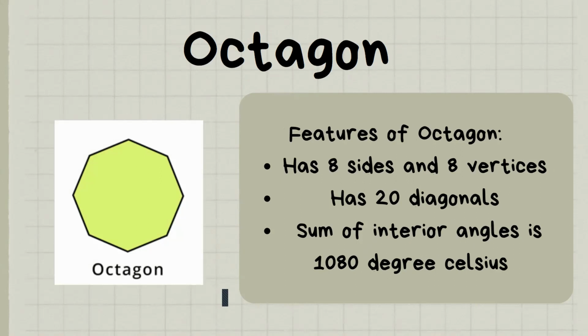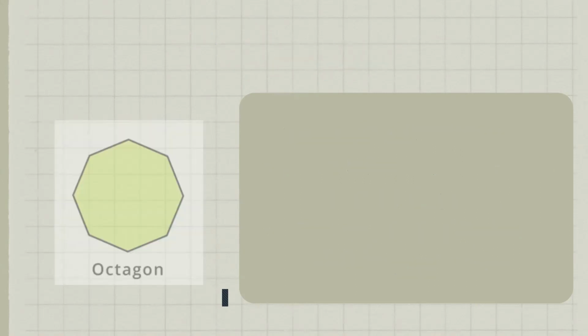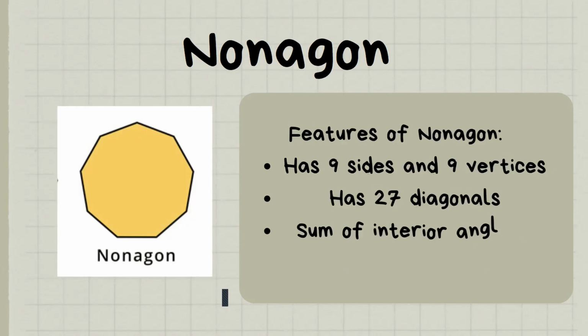Now I'll be talking about octagon. It has 8 sides and 8 vertices, and it has 20 diagonals, and the sum of interior angles for an octagon is 1080 degrees. Moreover, I'll be talking about nonagon. A nonagon has 9 sides and 9 vertices.